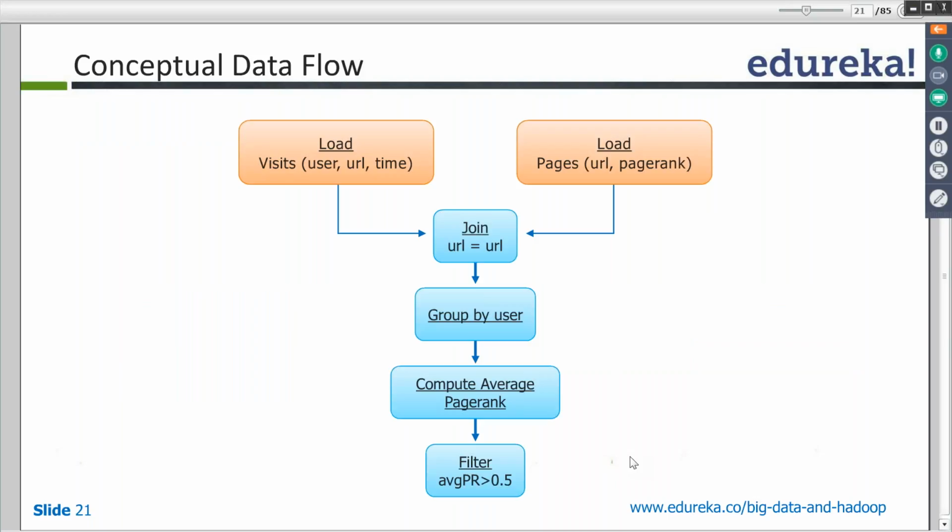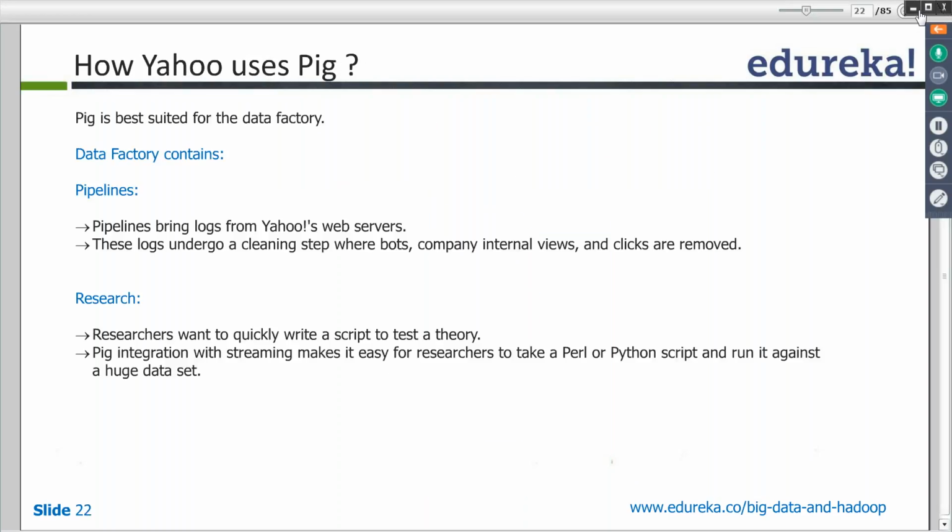This is how you will convert your pseudocode to a Pig statement. So for now, just understand how the syntax looks like. How many operators are there in Pig? What are the data types in Pig? We will have one overall demo of Pig, which I doubt would be today.